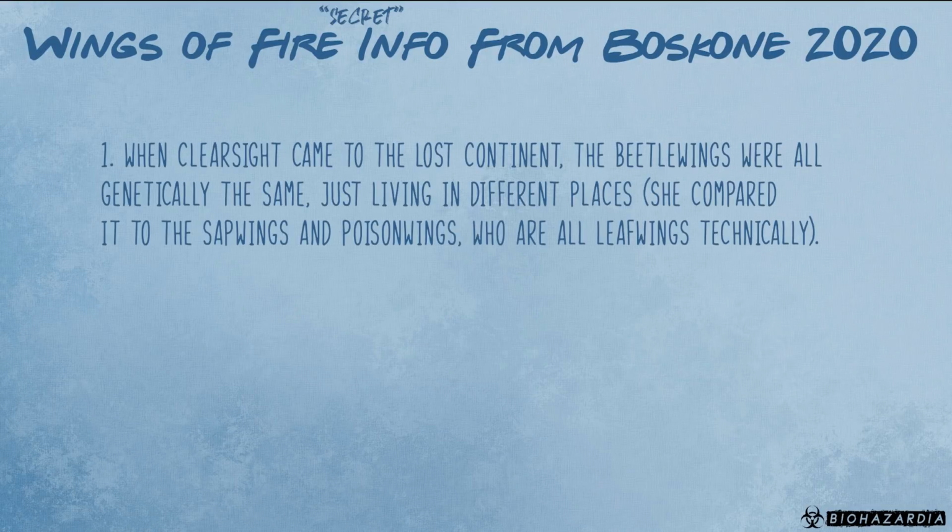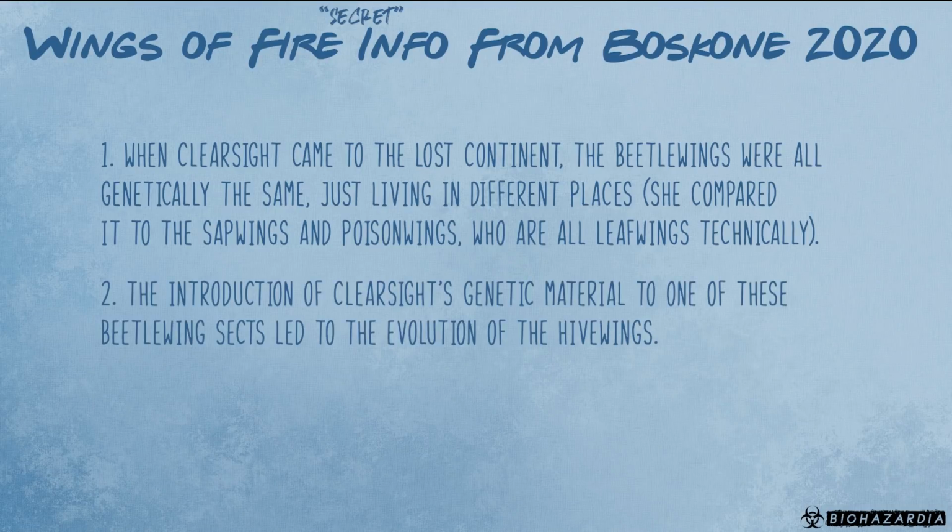Tui explained that when ClearSight came to the Lost Continent, the BEETLEWINGS were all the same, just living in different places, similar to how the SAPWINGS and the POISONWINGS are all still LEAFWINGS, but just living in different villages. The introduction of ClearSight's very strong genetic material to one of these sects of BEETLEWINGS caused them to diverge into a different tribe, HIVEWINGS, and the other sect ended up diverging into the SILKWINGS.